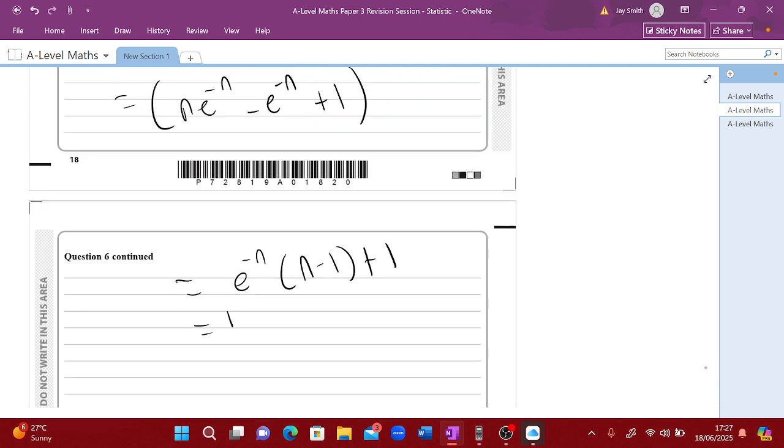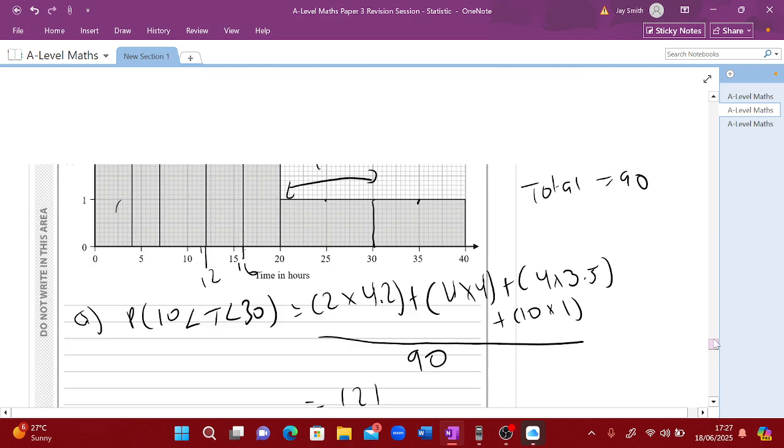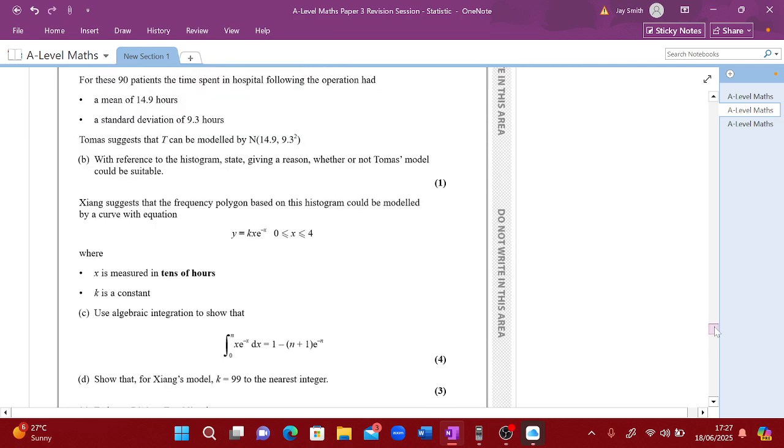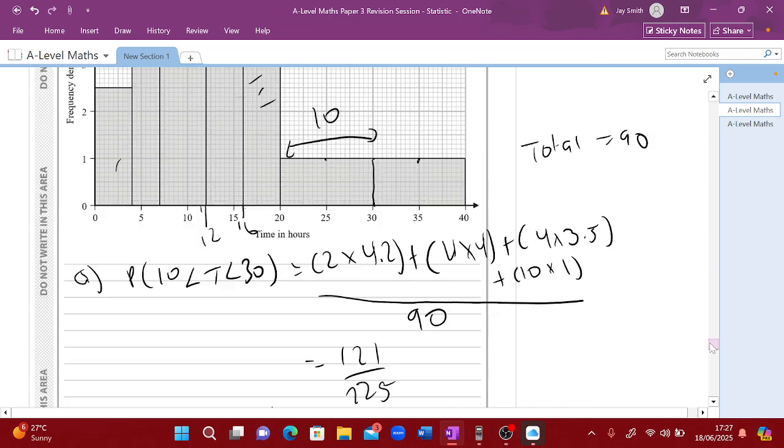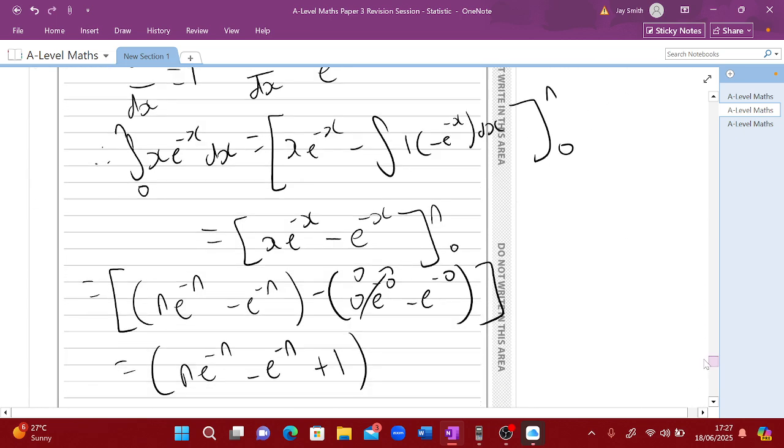So we need to say 1, and then we need to factor a minus out. So e to the minus n. Then if we factor a minus out, instead of n minus 1, it was simply 1 minus n. Is that what they wanted? I feel like I made a mistake here. N plus 1. What have I done now? What do I get? Oh my god.